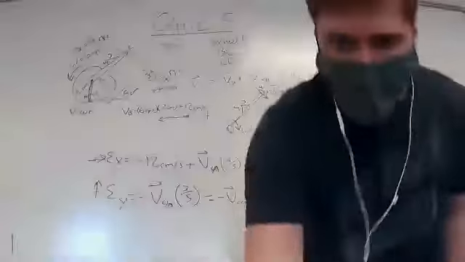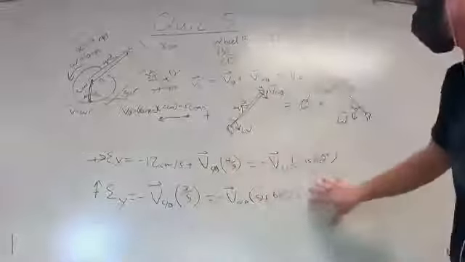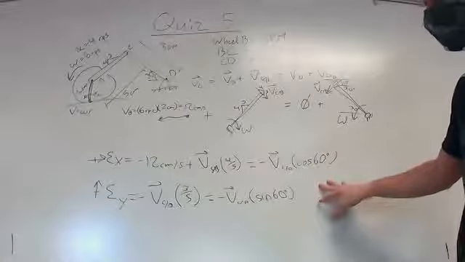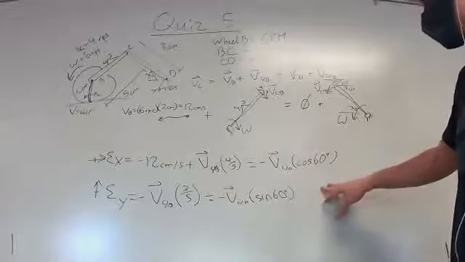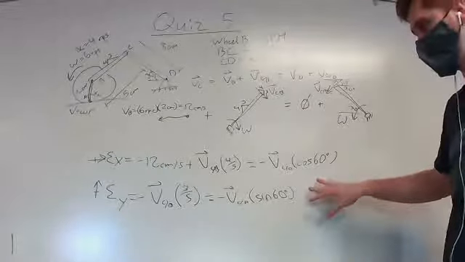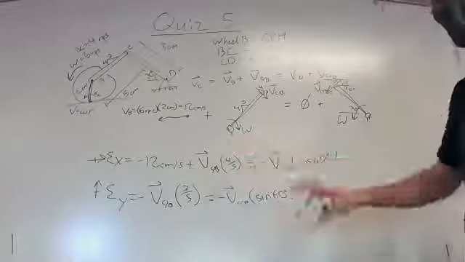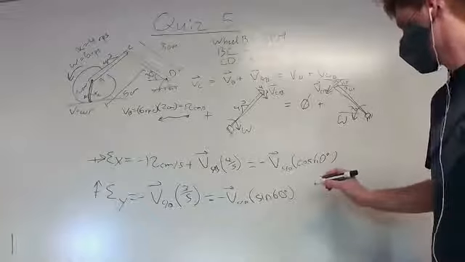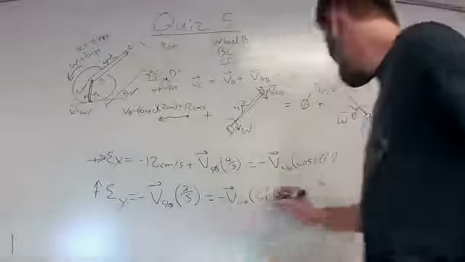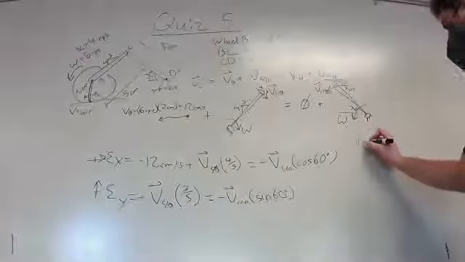So with two equations and two unknowns, you can solve this as a system of equations, or if you know how to put it into your calculator as a matrix, you can do it that way as well. But feel free to solve it however. I'm kind of running out of space.